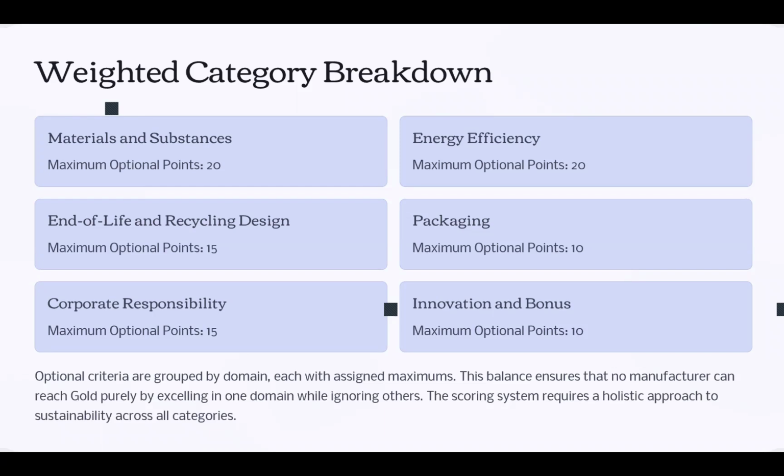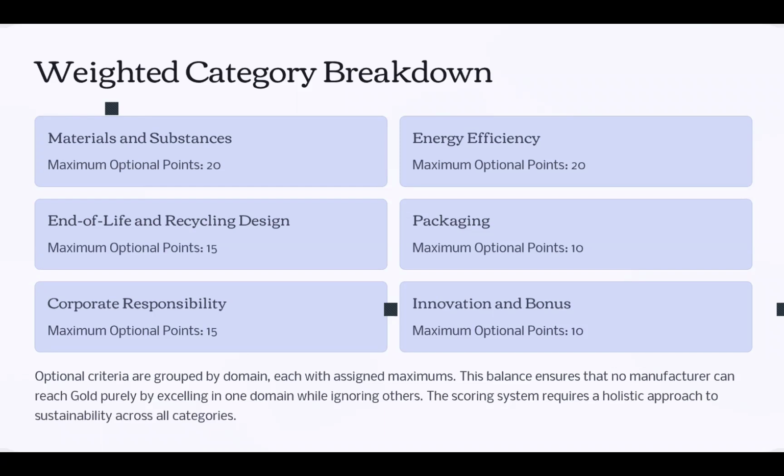We have corporate responsibility. The maximum is 15 points. This looks at environmental reporting, labor conditions, and responsible sourcing in the supply chain. We have innovation and bonus, which is a maximum of 10 points. It means if a manufacturer comes up with something totally new and effective for sustainability, they can earn bonus points.